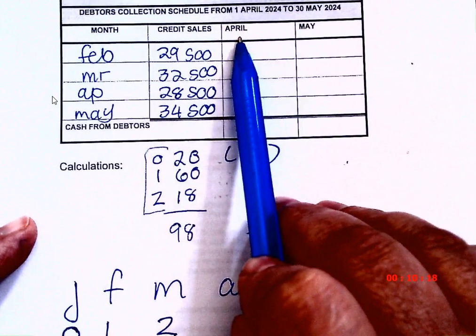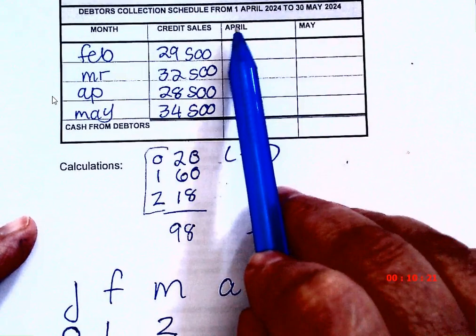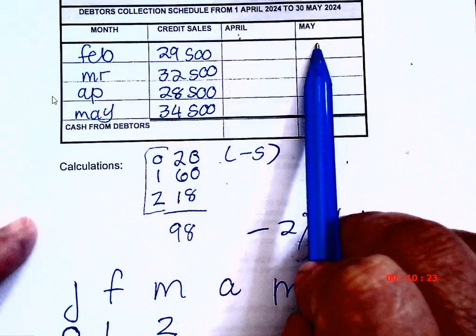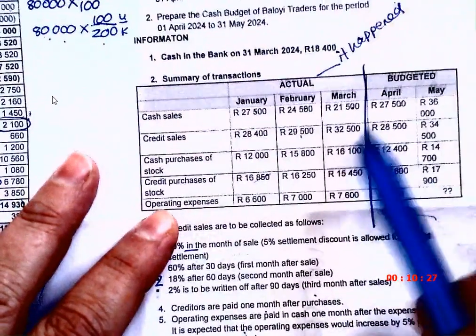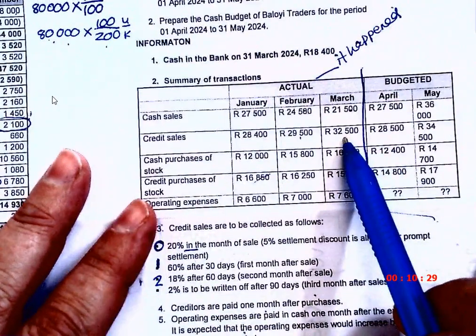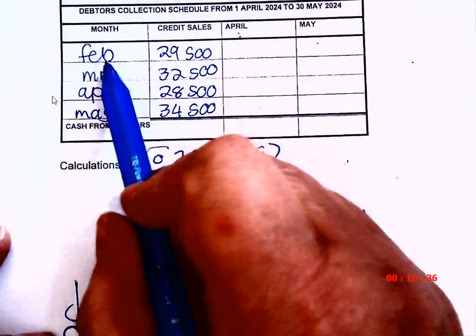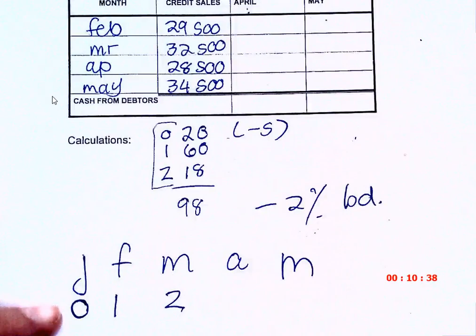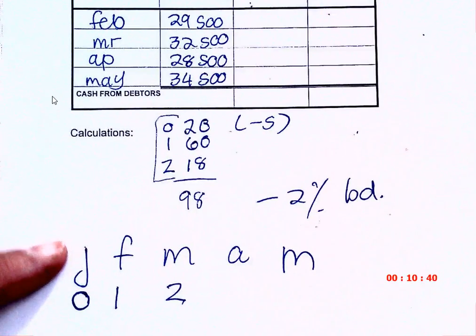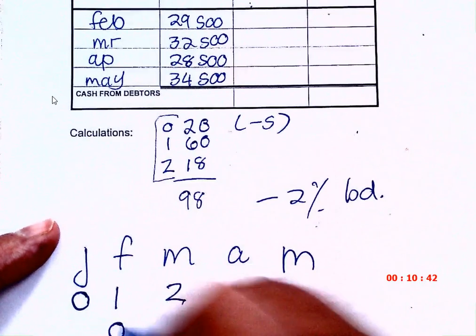Am I budgeting for March? No. I'm budgeting for April and May. Because if I look at this, March doesn't need to be budgeted. It already happened. Okay. So now let's start. February. So February is month 0.